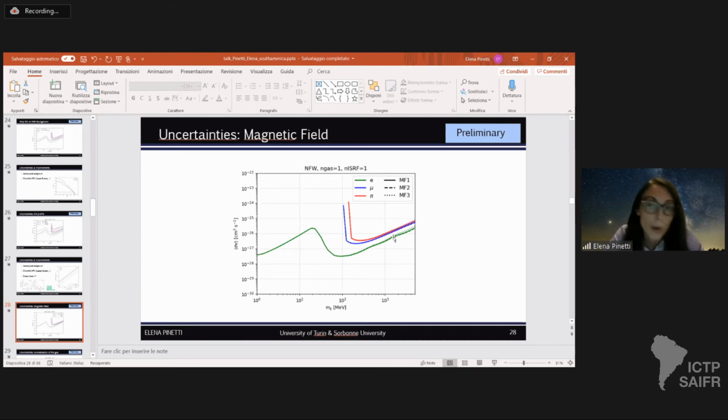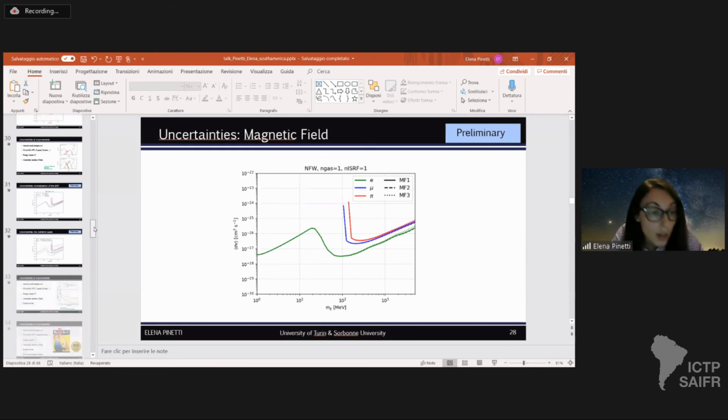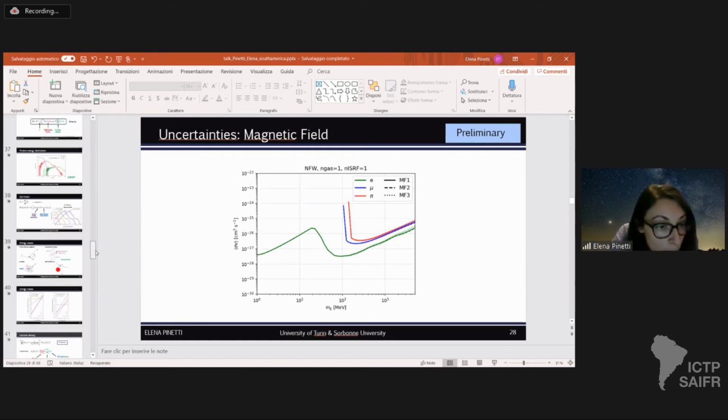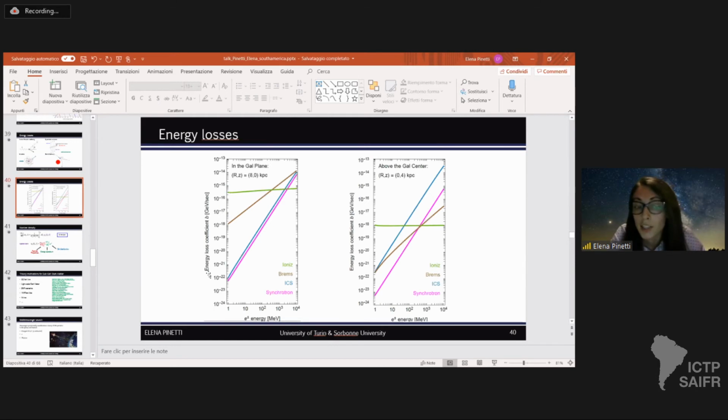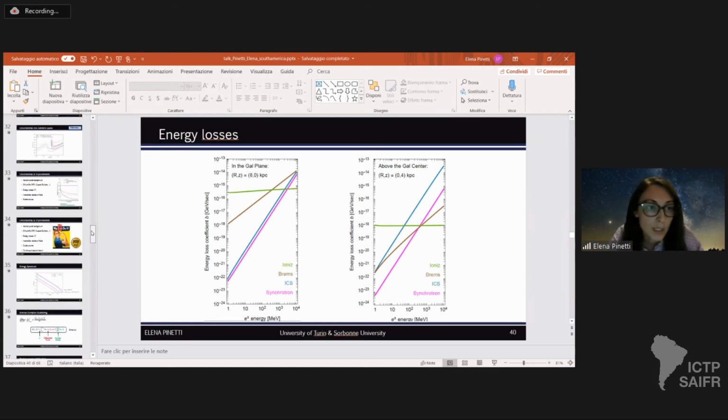This is not surprising because it affects mainly the synchrotron emission, but we see in the energy losses that this is very small. I can show you maybe here. The energy losses associated with the synchrotron emission are always, let's say, subdominant in the total energy losses, both on the galactic plane and outside of the galactic plane. So this is actually something that we somehow expected.